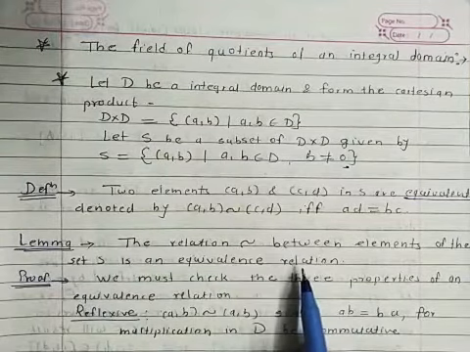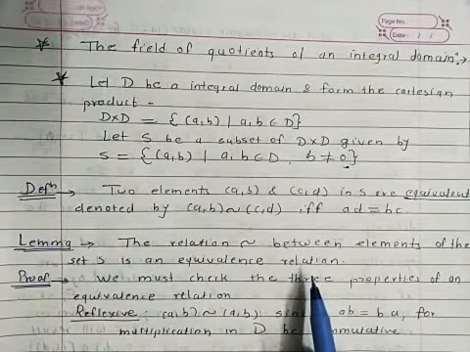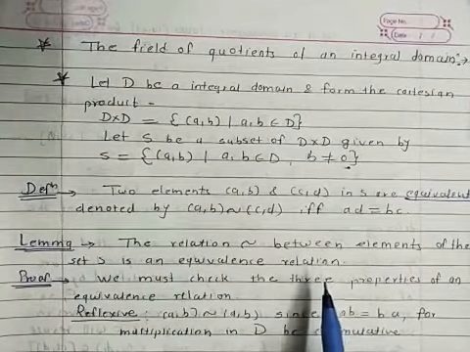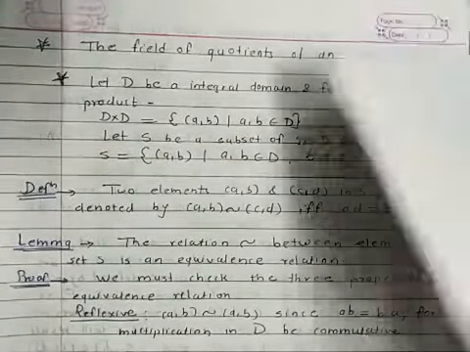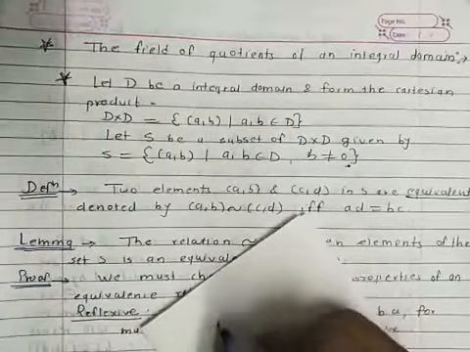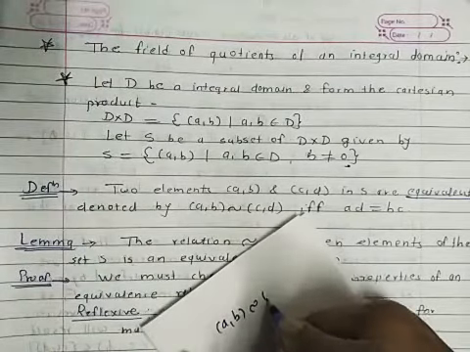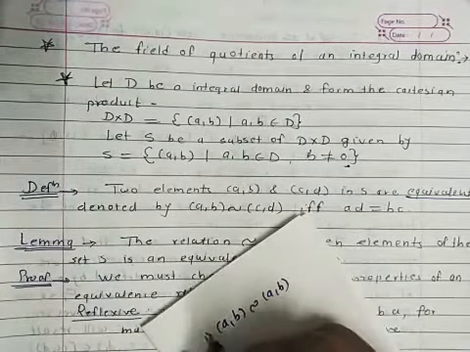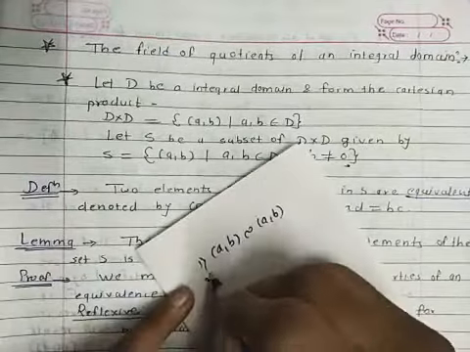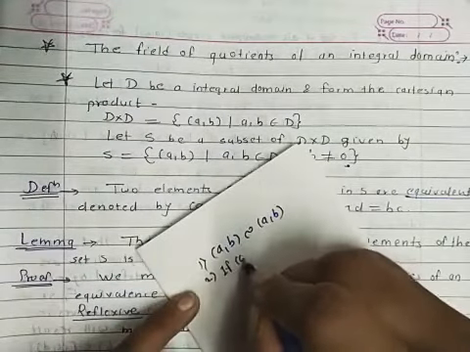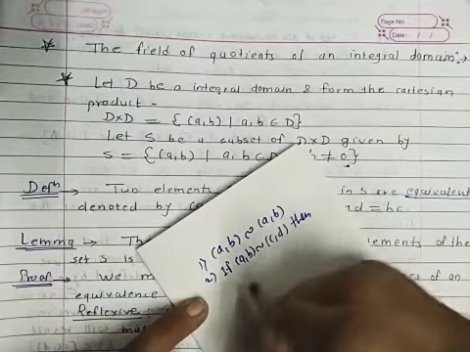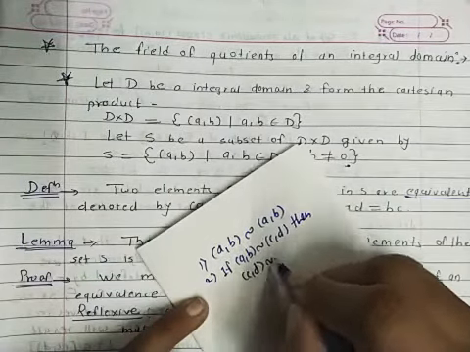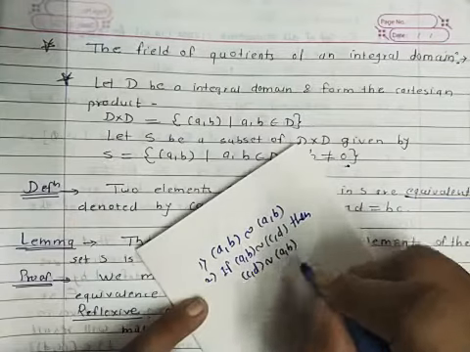Now what is an equivalence relation? An equivalence relation means it is reflexive, symmetric and transitive. What does it mean? Every element (a, b) of S is equivalent to itself. This is reflexivity. Symmetric means if (a, b) is related to (c, d), then (c, d) is equivalent to (a, b).